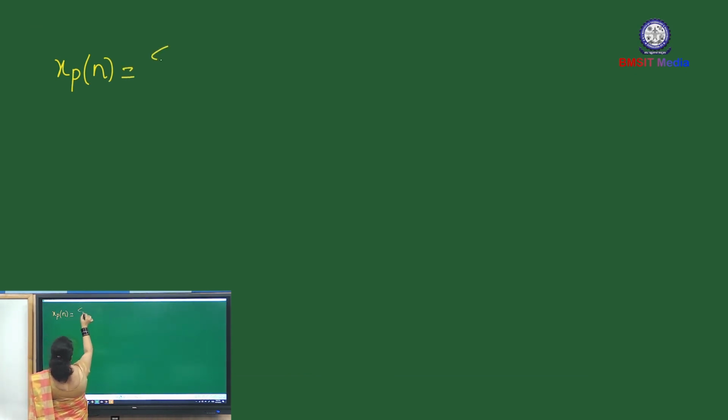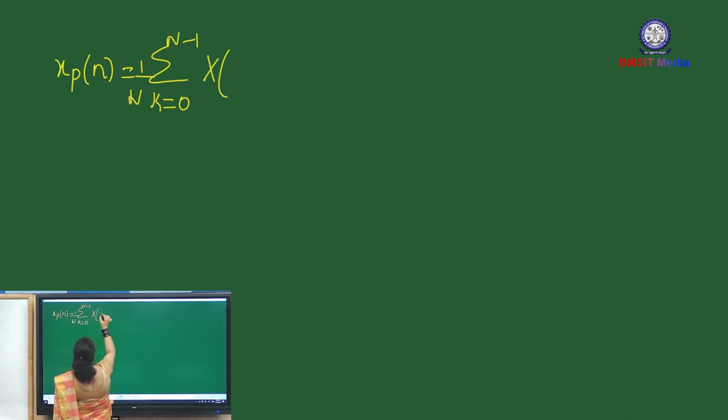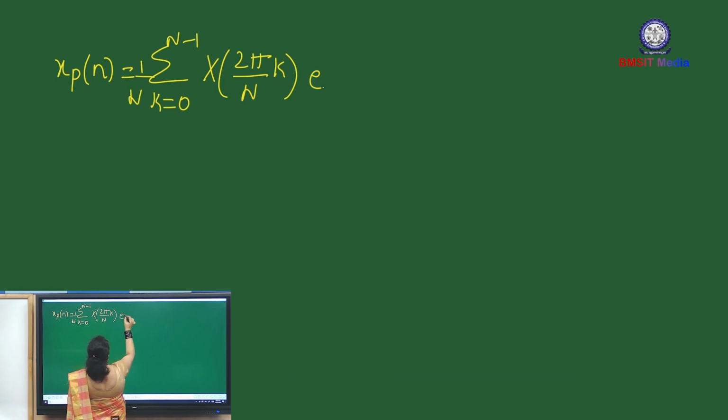Let me recall that expression. I had shown xp of n is equal to 1 by N times the summation of k varying from 0 to N minus 1, X of 2 pi by N into k, e raised to j 2 pi by N k.